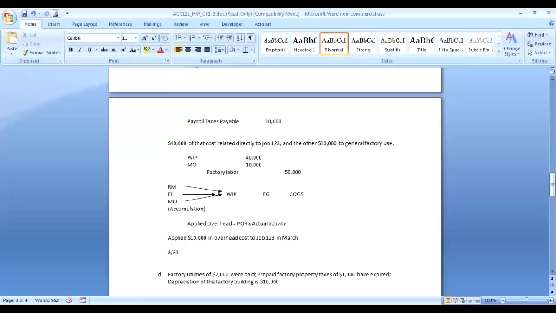What account am I increasing by doing that? You're increasing your WIP account for job 123. Exactly. So I need to indicate that work in process is increased by 10,000 because I've applied this new overhead. And where have I applied it from? Your manufacturing overhead. Exactly.